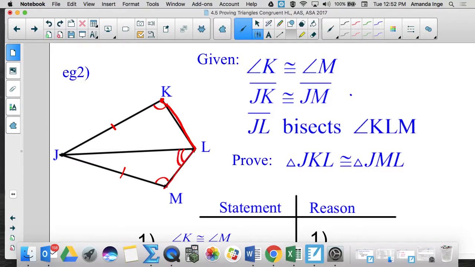So that means this angle is equal to that angle. So we're going to name these 1 and 2. We'll name this 3 and 4. It also told you, or you can see that JL is congruent to JL, but I don't know that we need that information.